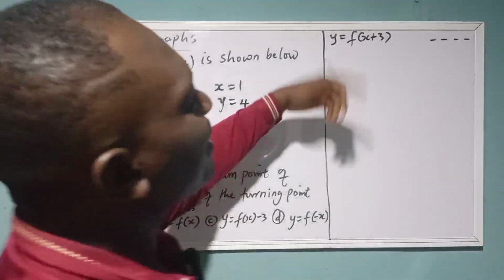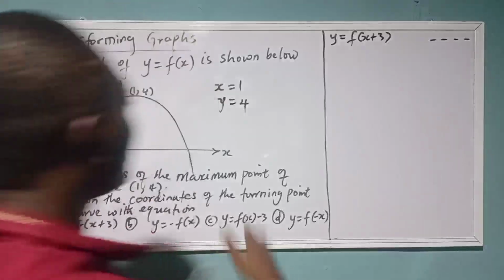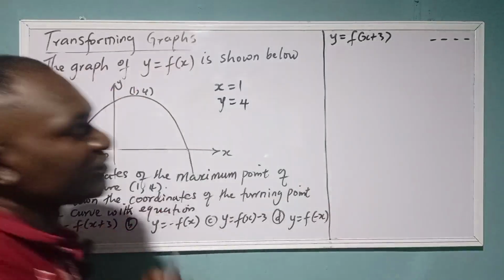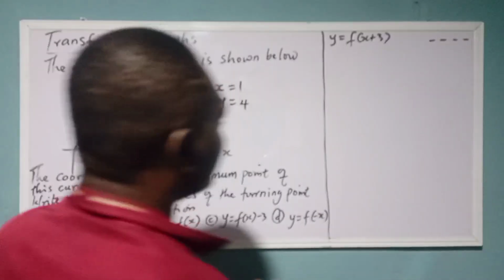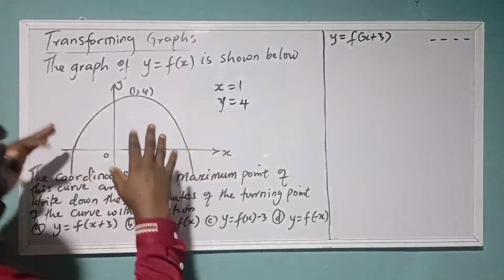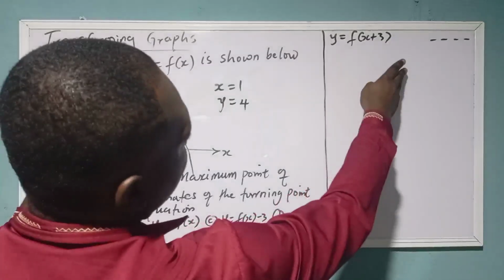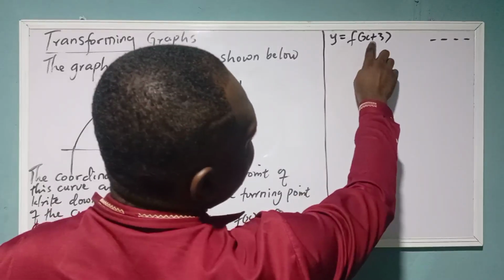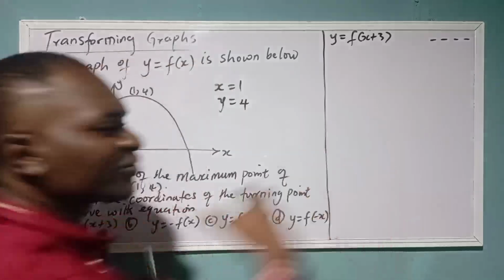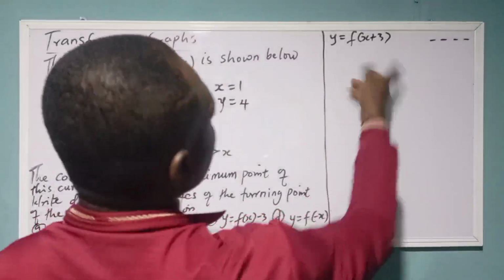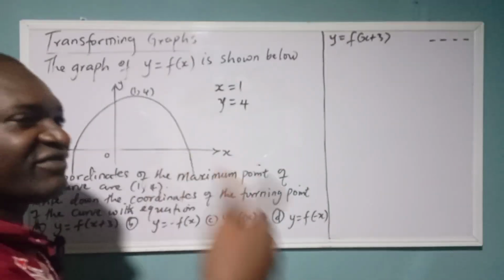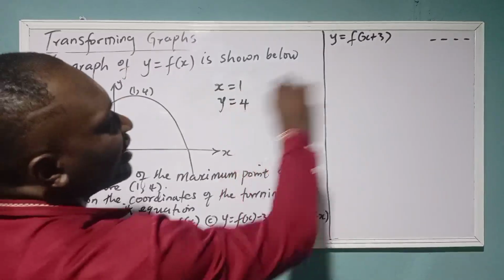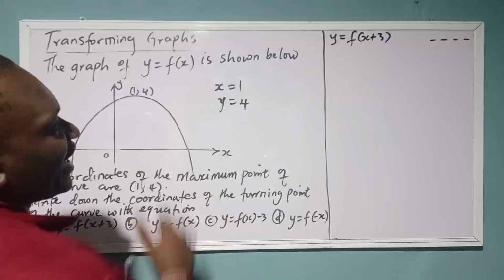If it's taking place outside the bracket, it will affect the value of y. Some students will feel as if you have to add 3 to the value of x, but no, the reverse is the case. If it is x plus 3, you have to take away 3 from the value of x.